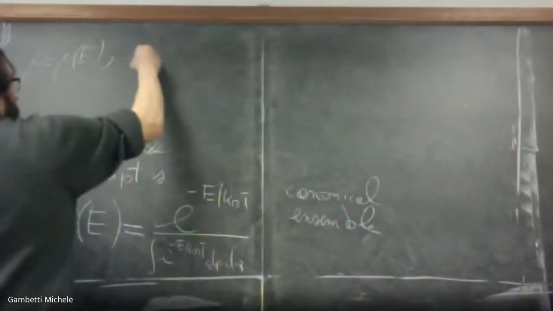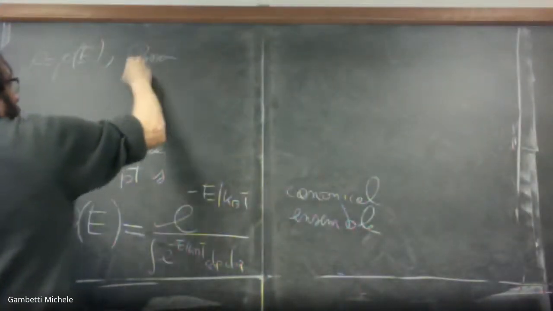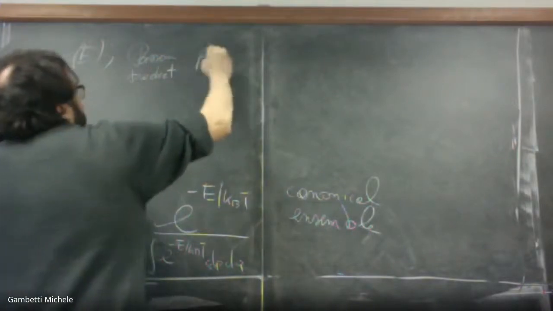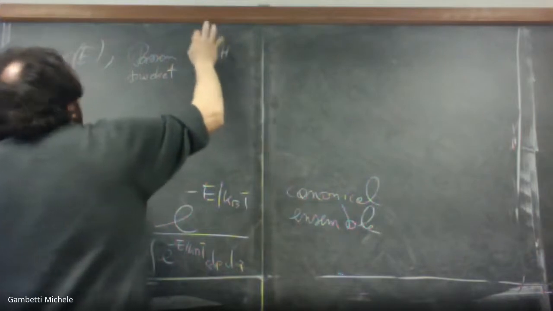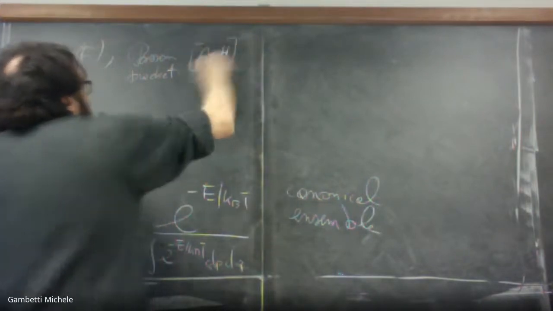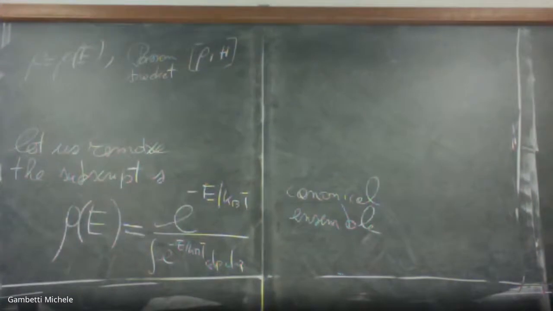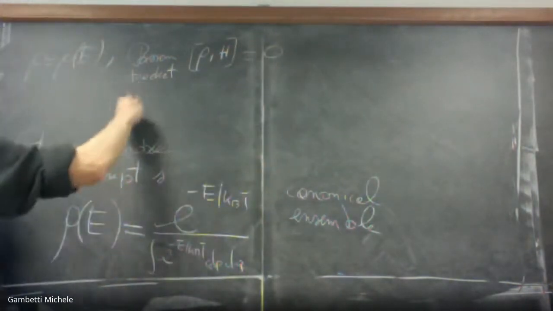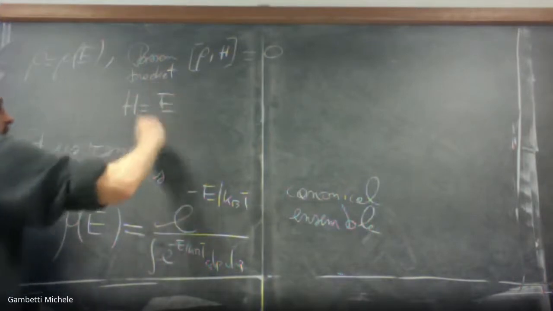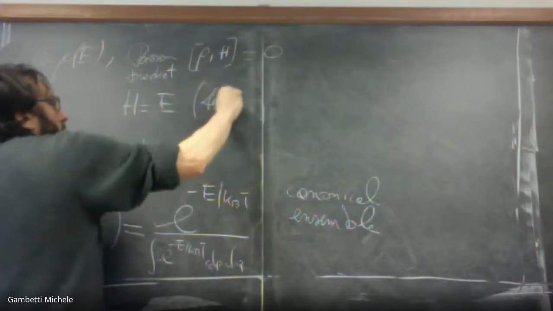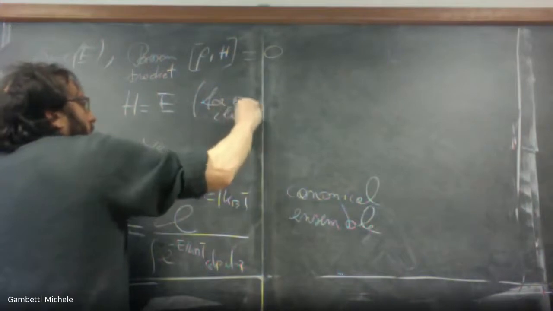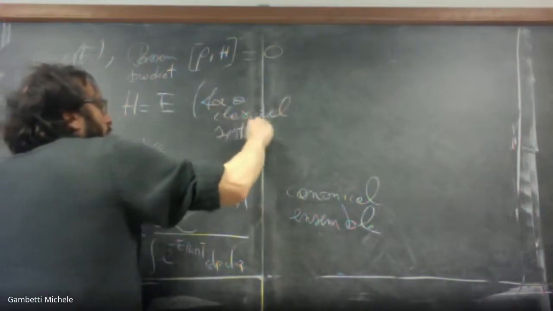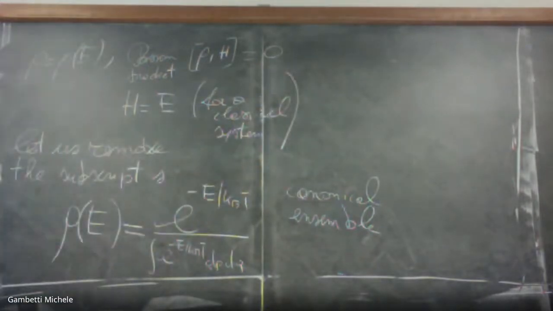Okay. Anyway, let me write it this way. Poisson bracket of rho and H. Now this is equal to 0, and of course E and H are the same for a classical system. The Hamiltonian and the energy are the same quantity for a classical system.